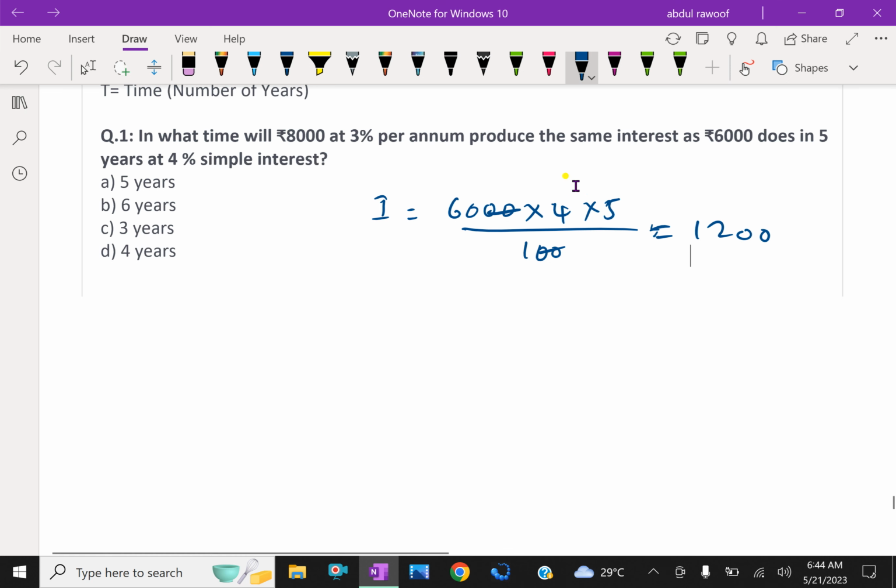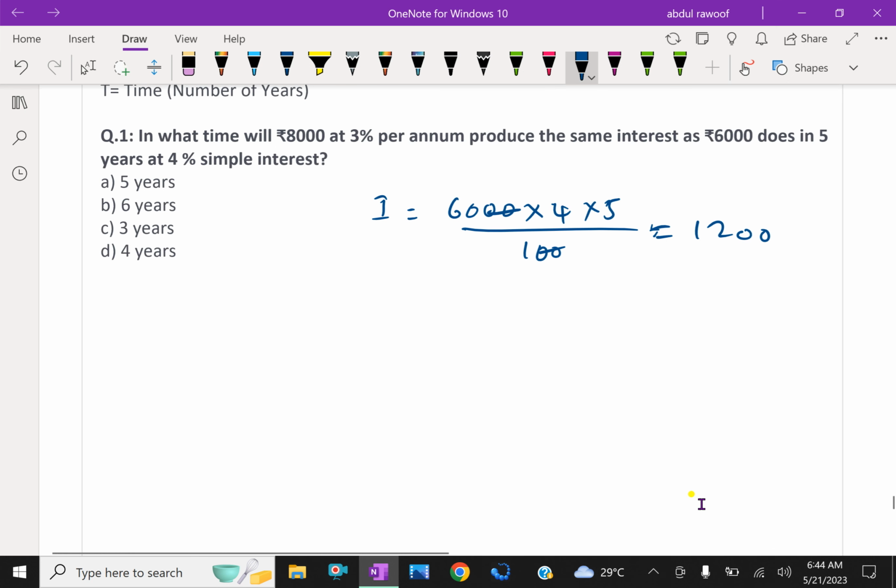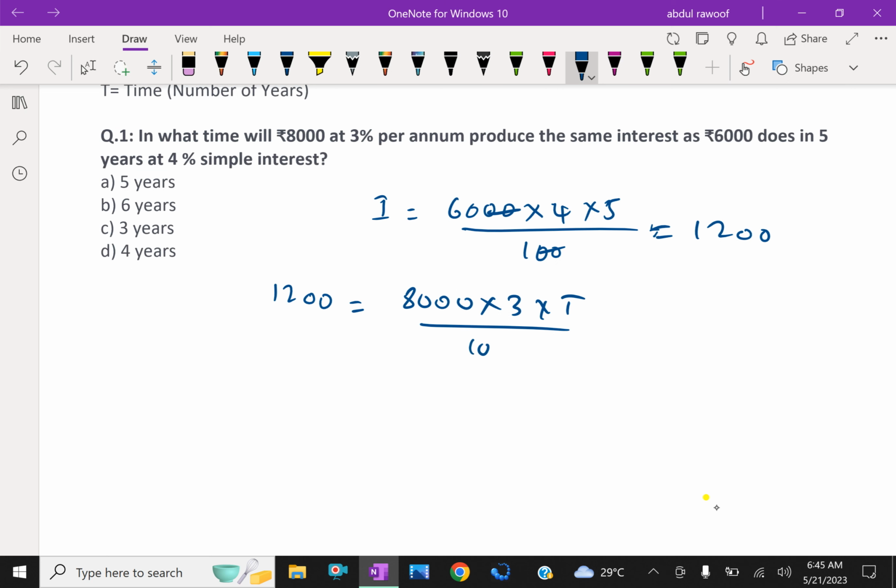Here this 1,200 is the simple interest, which is the same as for 8,000 principal at 3% for time t. Therefore, 1,200 equals P is 8,000, rate of interest 3, and time we don't know, by 100.